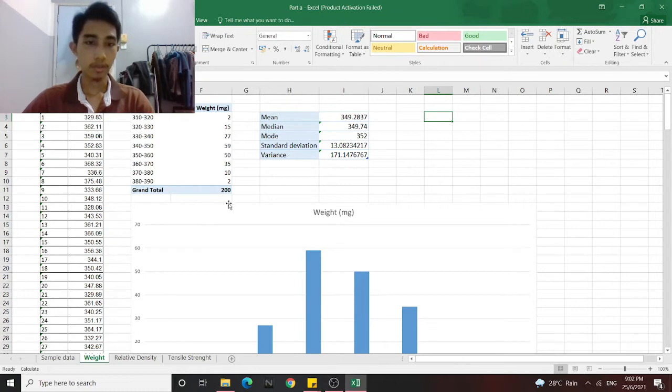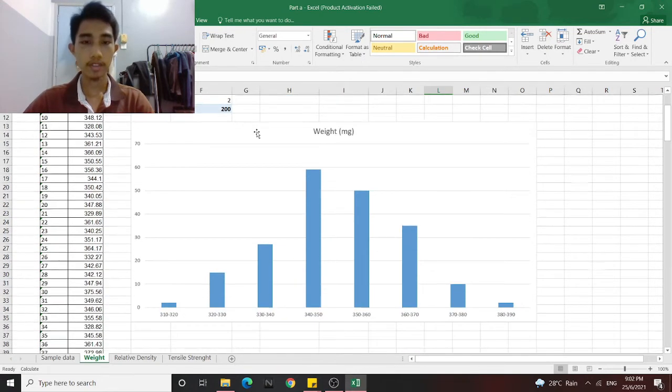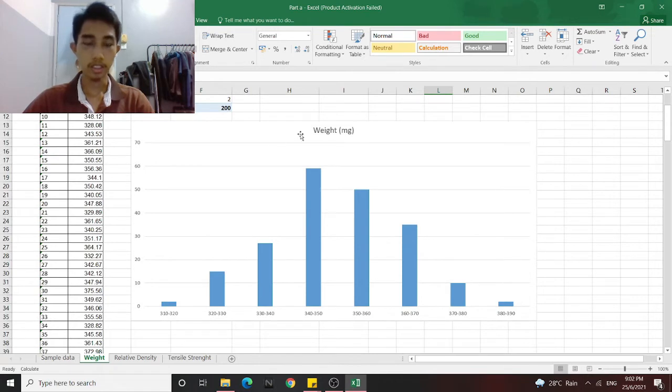The count is the same, which is 200. Here I add mean, median, mode, standard deviation and variance for the weight. Below is the graphical form of the data for the weight. I created this graphical form using a bar chart.